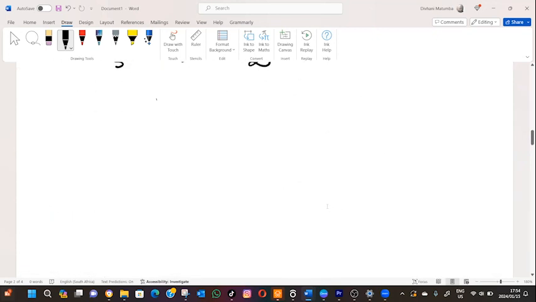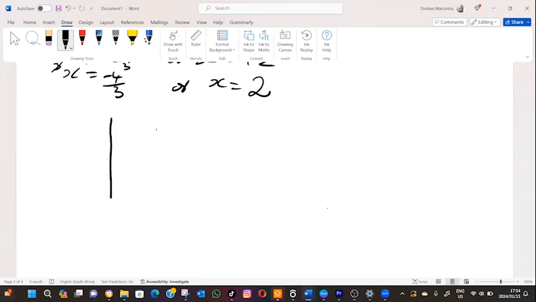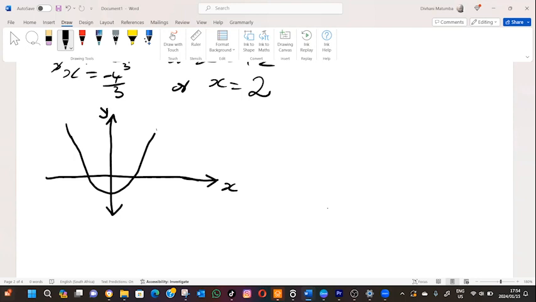So if your graph is happy, let me draw the Cartesian plane. If you do not understand what I'm talking about, please do not hesitate, go to the comment section. I will explain it to you. Now, this is a happy graph. And by the way, our happy graph will have x-intercepts. Why? Because it has solutions, or x values that are real.